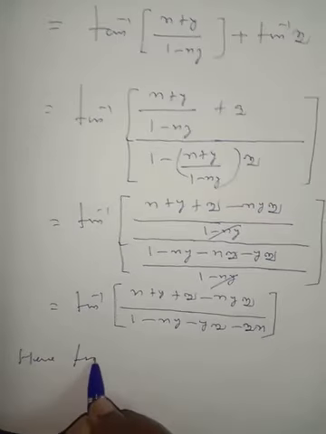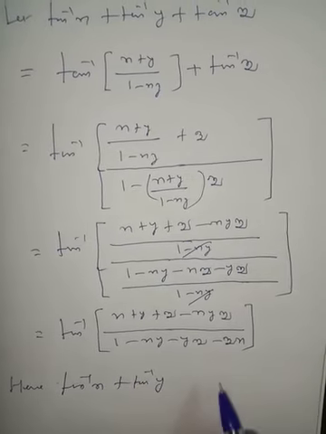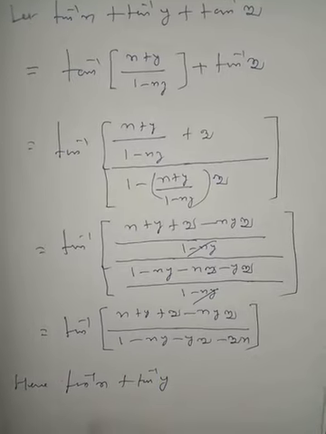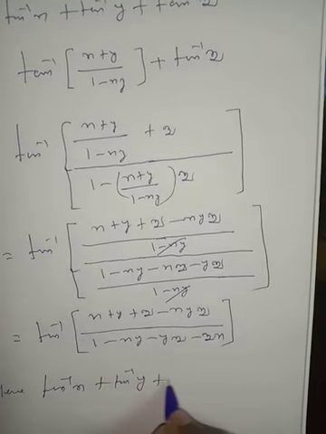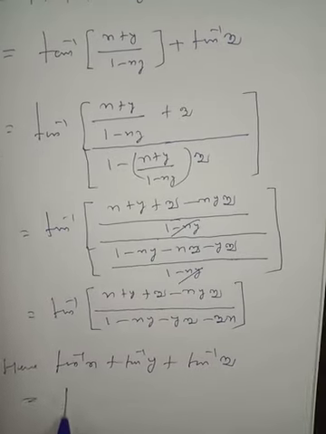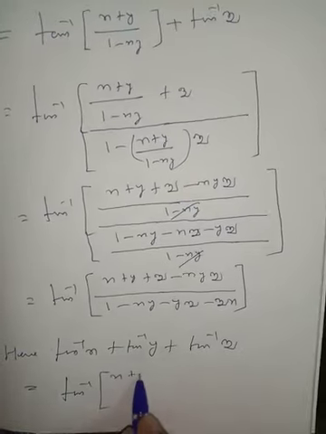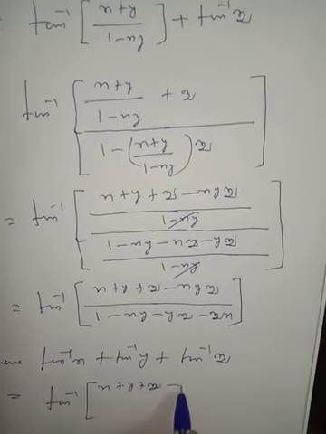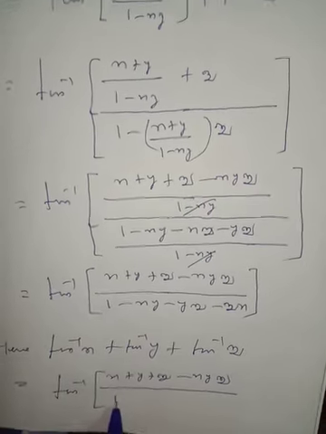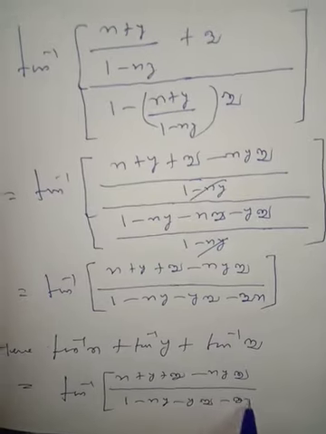Hence tan inverse of x plus tan inverse of y, this is RHS. Therefore tan inverse of x plus tan inverse of y plus tan inverse of z is equal to tan inverse of x plus y plus z minus xyz divided by 1 minus xy minus yz minus zx.